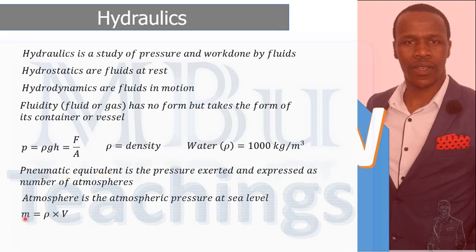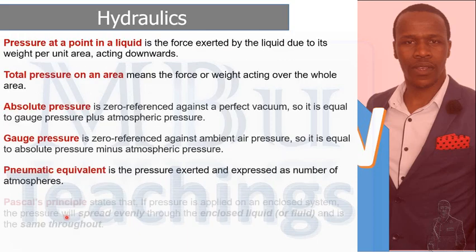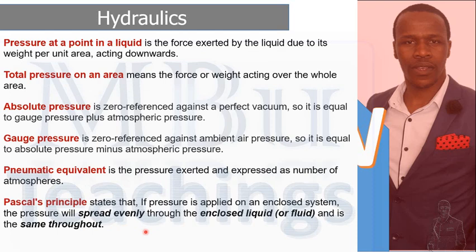So we have mass equaling rho times V, rho being the density and V being the volume. Now I have other definitions that I want you to memorize. Please take time to memorize them. Pause the video, memorize them.